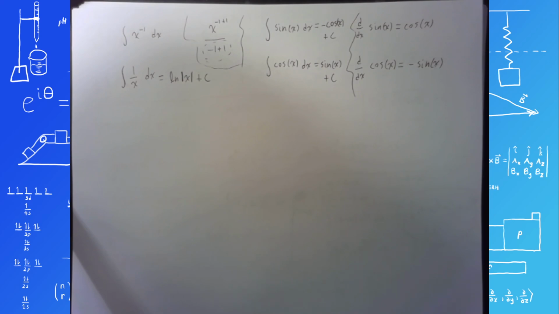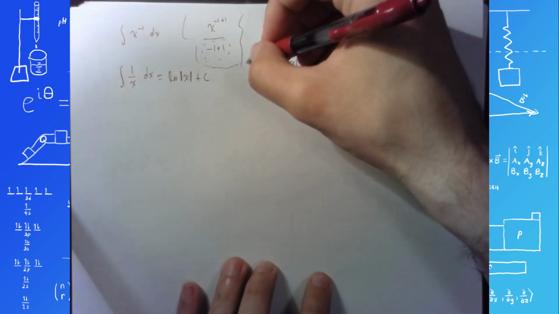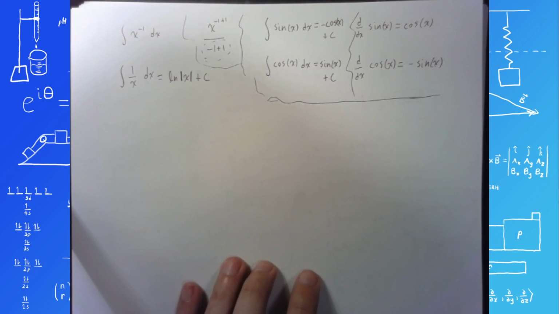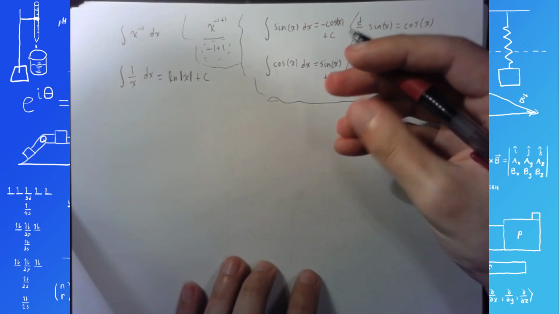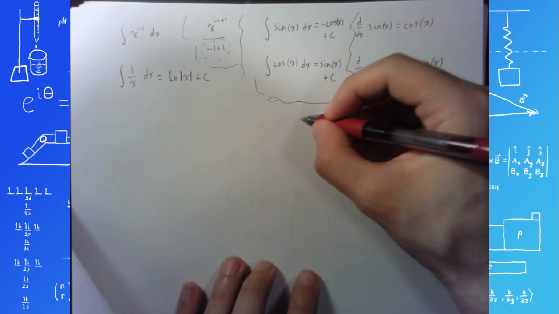Okay, what else? I guess exponential functions, since we're talking about all the different functions. So you would have the integral of e to the x. This one's actually pretty simple.